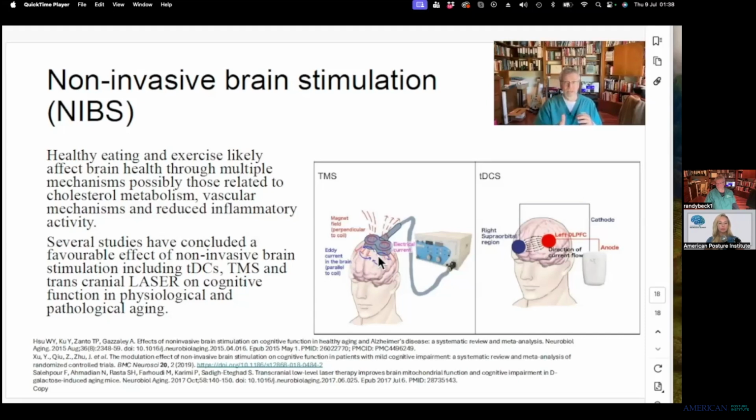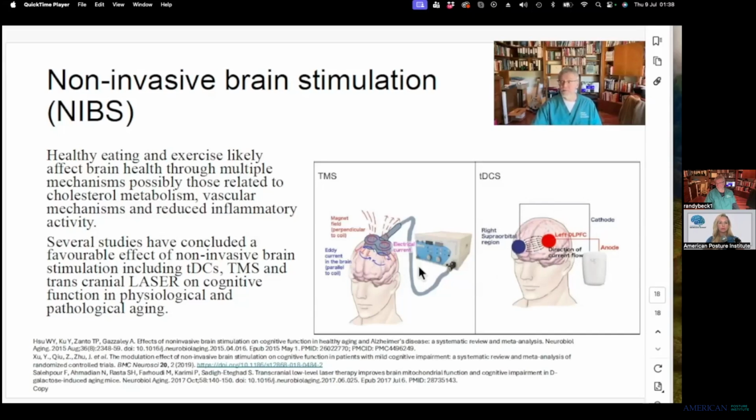So the magnetic stimulation will actually produce an action potential reaction in most cases, whereas this TDCS only affects the synaptic generation potentials. It doesn't actually produce action potentials.